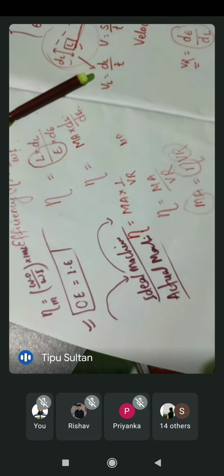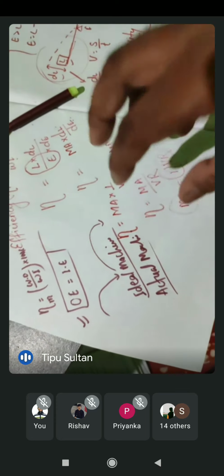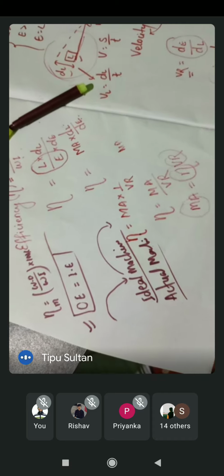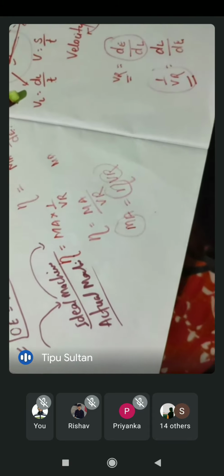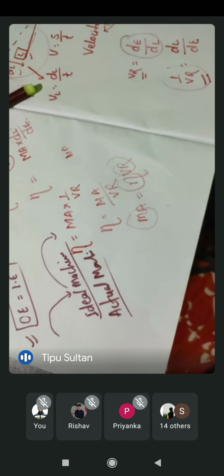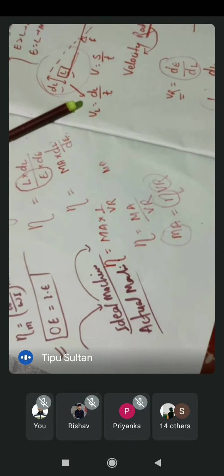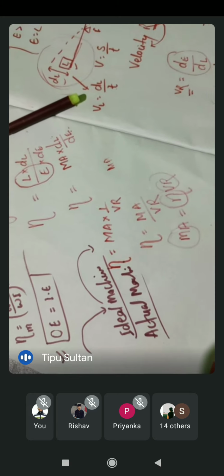It means the energy given by us is given back as output in that amount. It means we give 100%, the machine also gives 100%. Then it is called an ideal machine. But it is not possible.